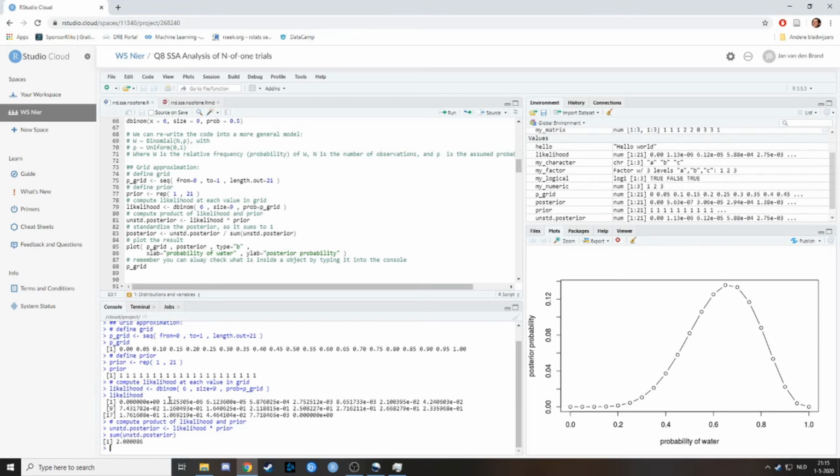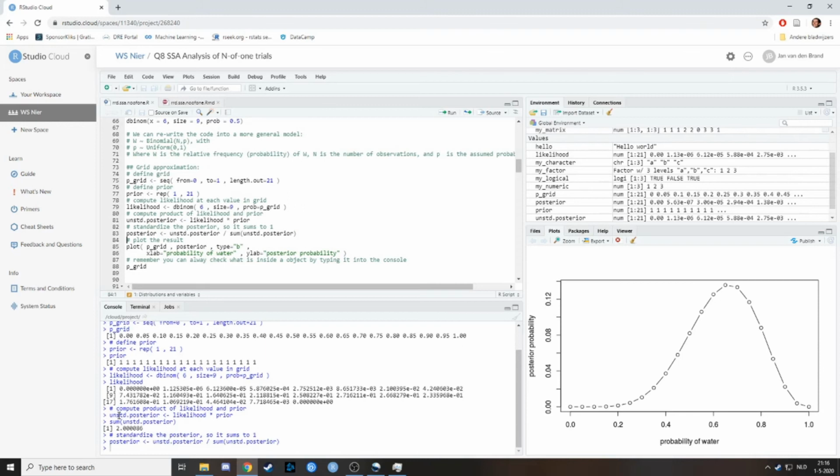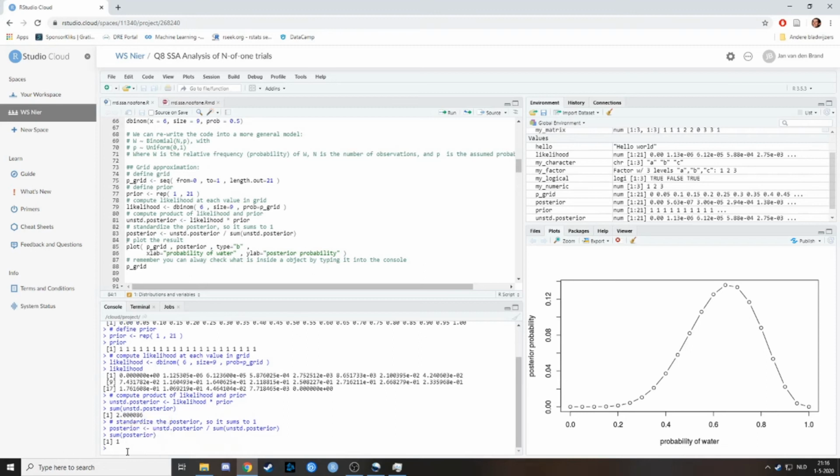So what does 1.12 to the minus 6 out of 2 mean? I don't really know. So we take the unstandardized posterior and divide it by the total, the sum of the posteriors, and this way the sum of the posterior will be 1.